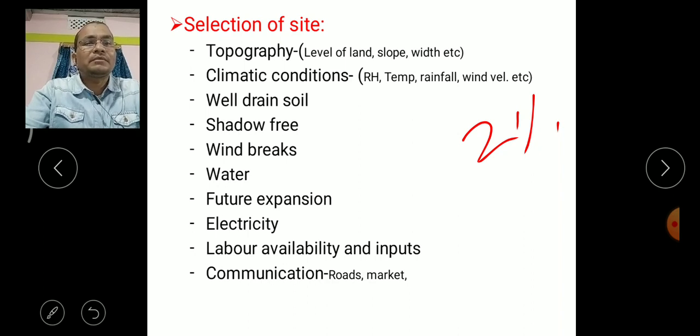Also labor availability and inputs. See, this greenhouse is a very sensitive structure, and your cultivation is of very important and costly crops, vegetables and flowers as well. So continuous regulation is very important within the structure. For that, skilled labor should be available, so that he knows everything to monitor the crop parameters.